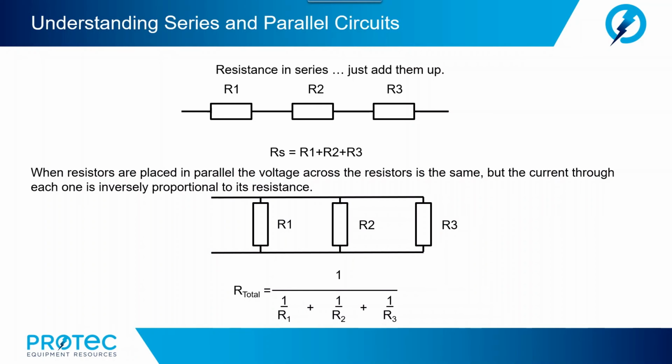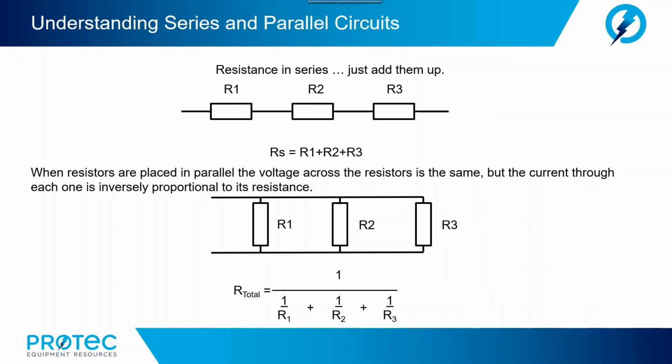Now, another area that is sometimes misunderstood in readings is dealing with series and parallel circuits. In a series circuit, resistances add. So R1 plus R2 plus R3 would provide the total resistance of the series circuit.